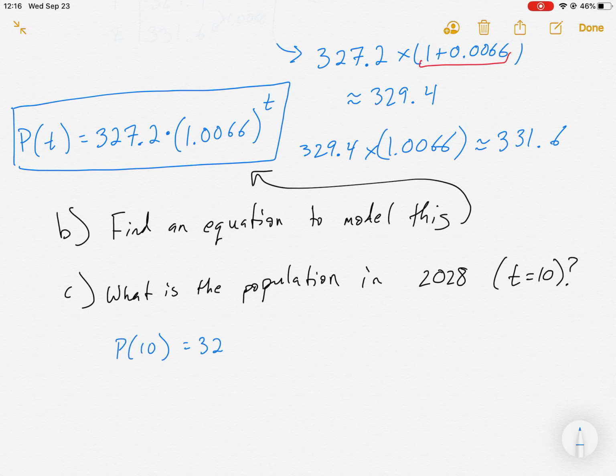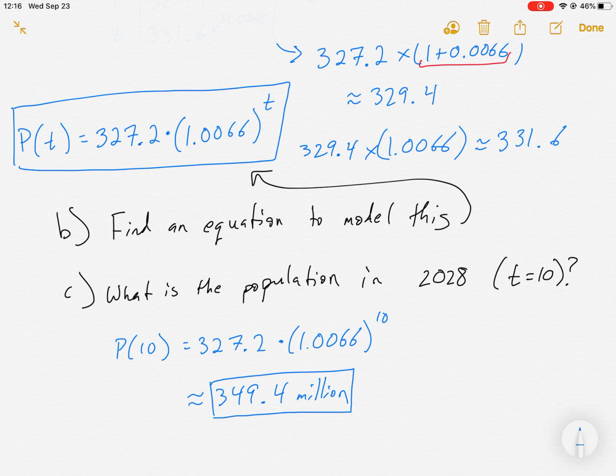P of 10 equals 327.2 times 1.0066 to the power of 10. If we plug that into the calculator, we should get about 349.4 million. Okay.